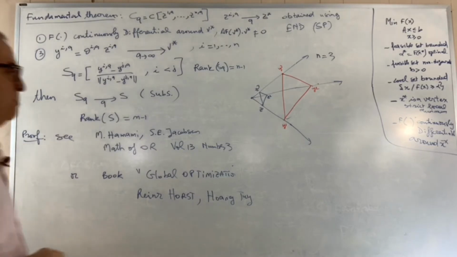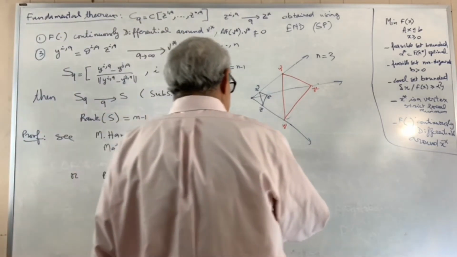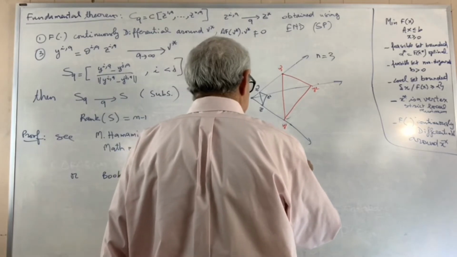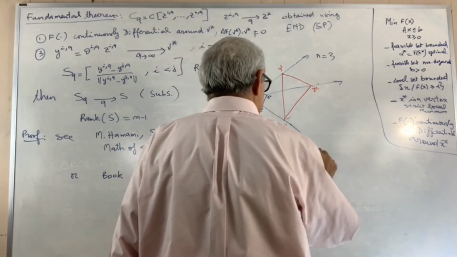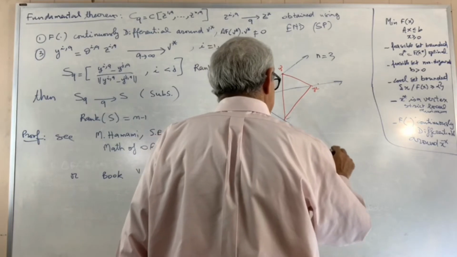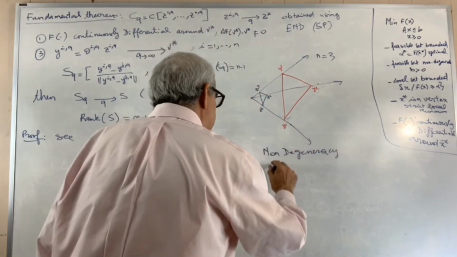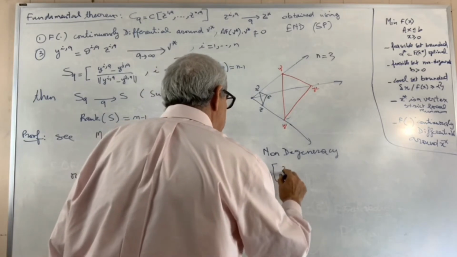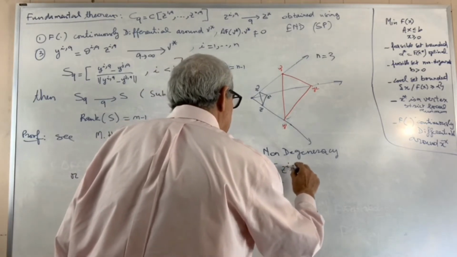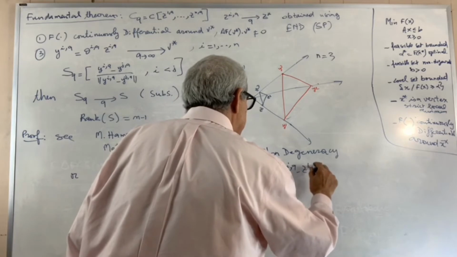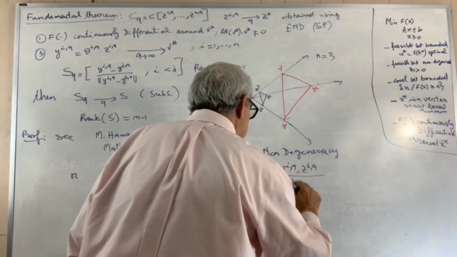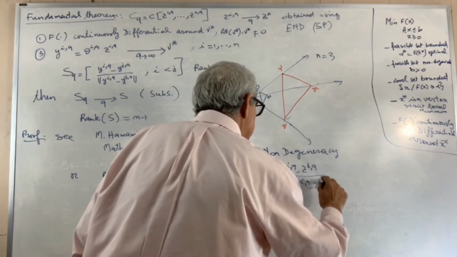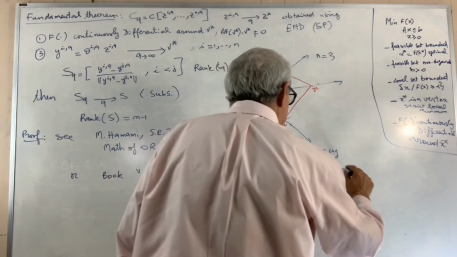And remember non-degeneracy: we have this matrix, which we call D q, with columns z i q minus z j q over the norm of z i q minus z j q, for i strictly less than j.